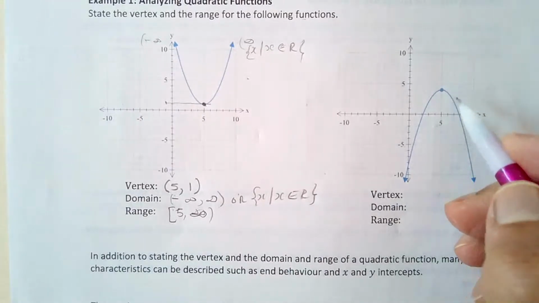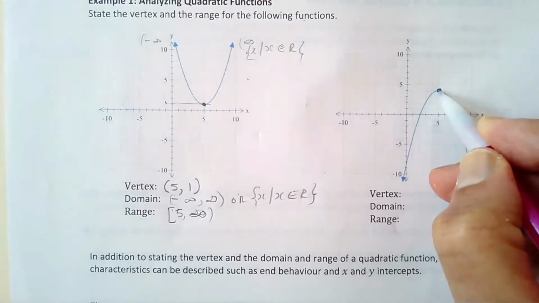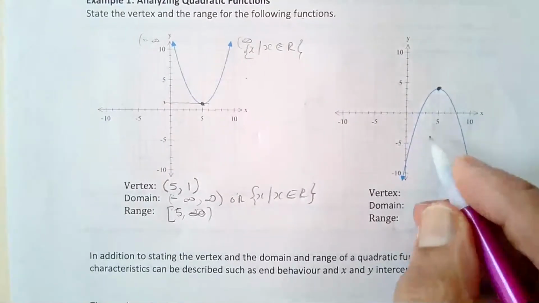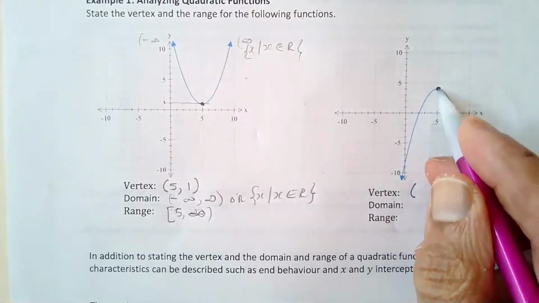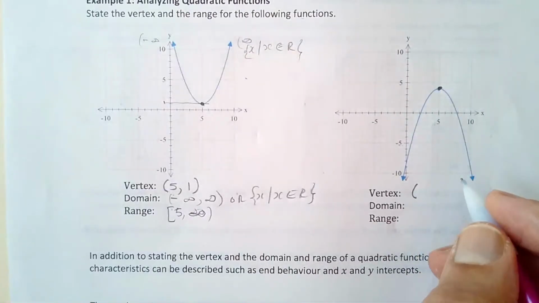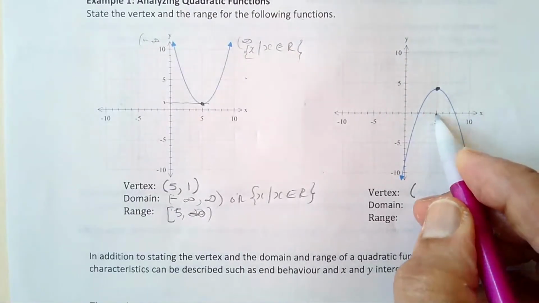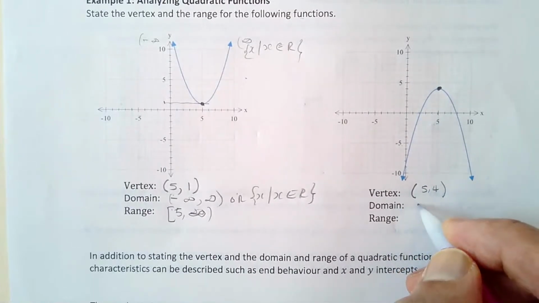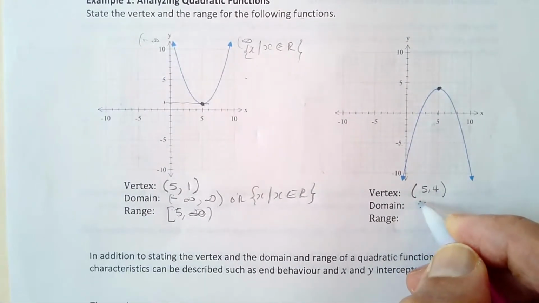Next one here, we have our maximum point. Now this graph is going down. So our vertex is 5, 4. X is 5, Y is 4. Domain would be x.